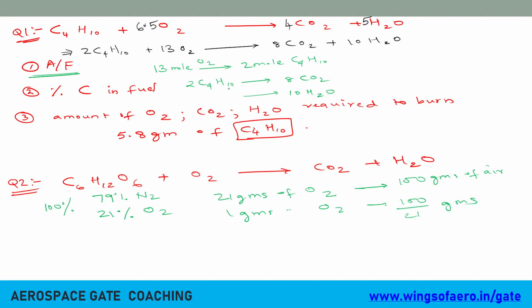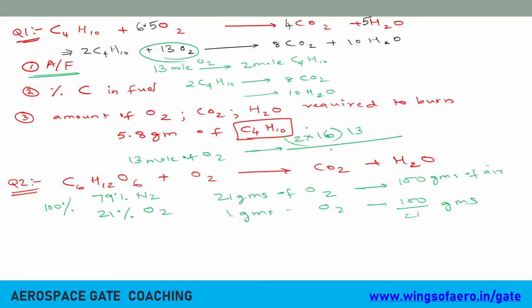Now here what is the gram? Now here you have to find it. How can you find it? Using molecular weight. So here you are having 13 moles of O2, equal to how much mass of oxygen? How can you calculate? 2 into 16 into 13. Fine.